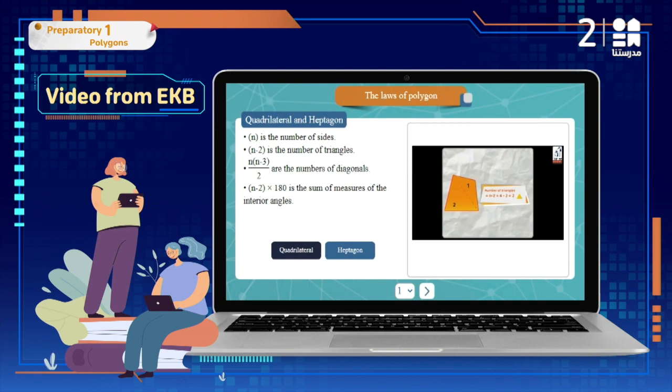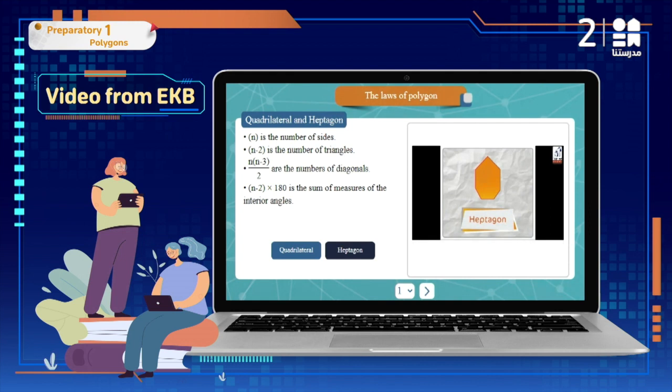However, the number of sides minus 2 multiplied by 180 is the law to get the sum of measures of the interior angles for any polygon. Hence, the sum of measures of the interior angles for a quadrilateral is equal to 360 degrees. But what about the heptagon? Click the other button.